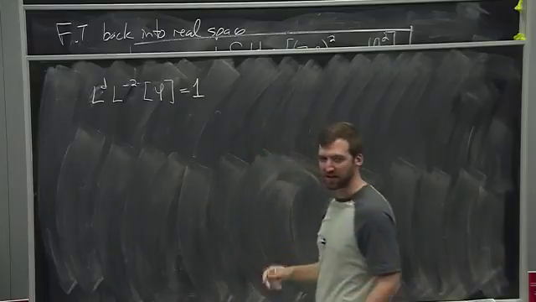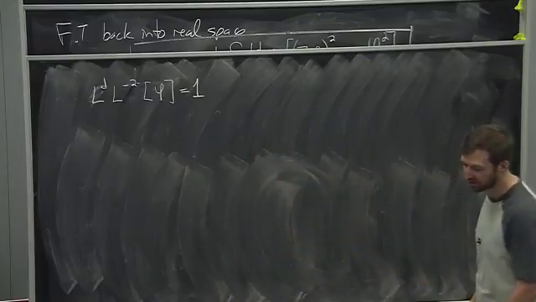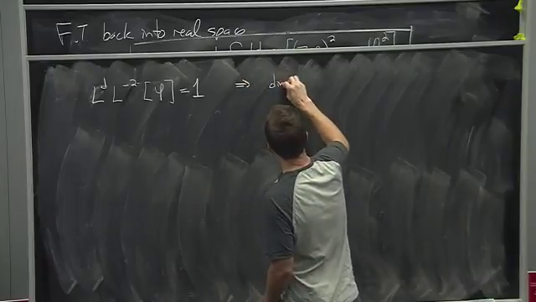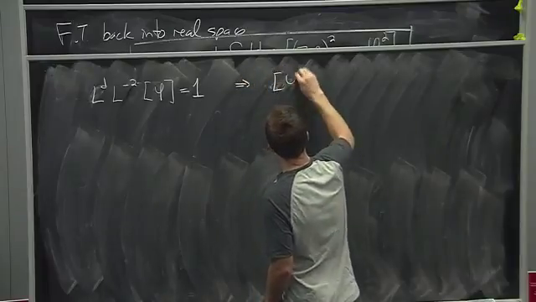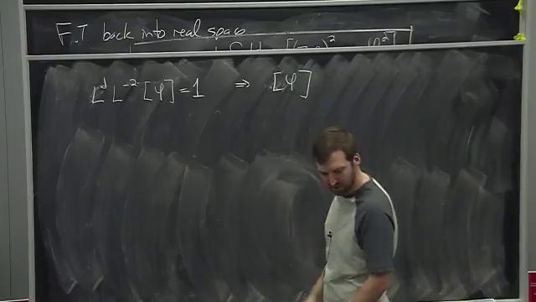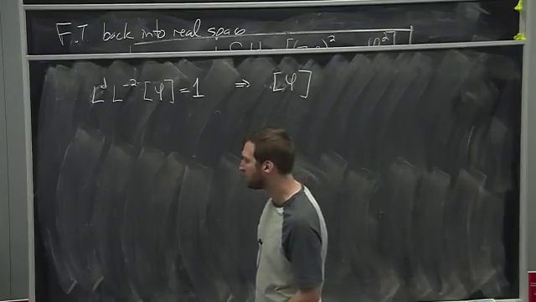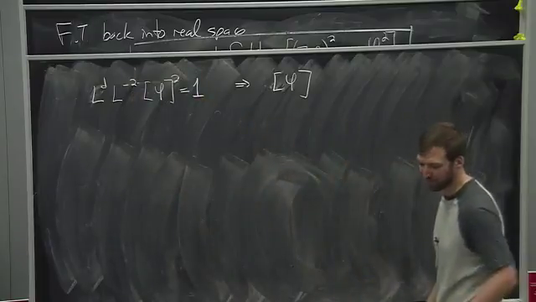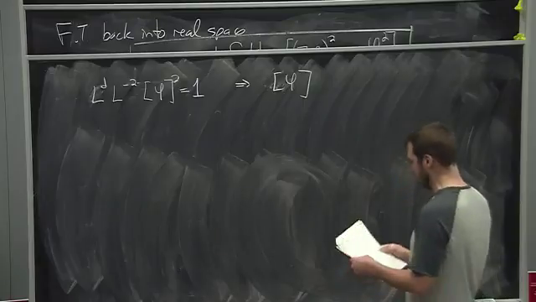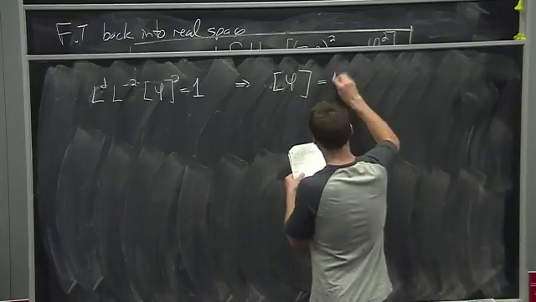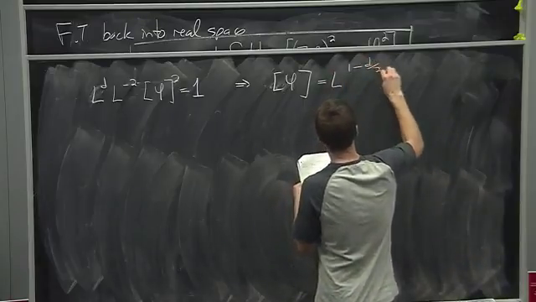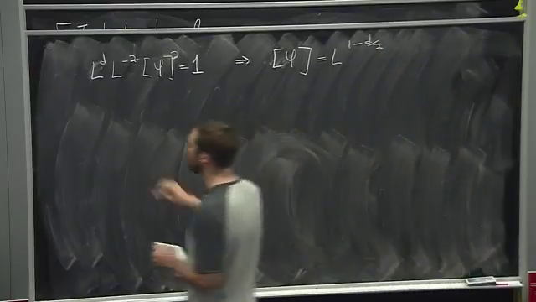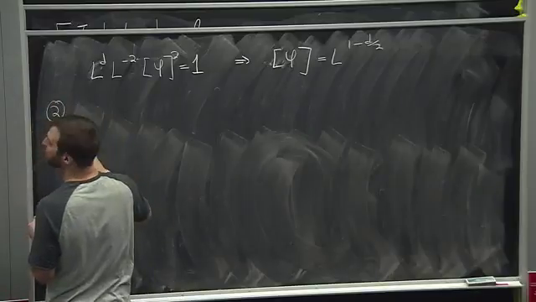The whole thing has to be unity because every single term has to be dimensionless. Wait, do I need a square on that? Yeah, it's two derivatives of that field squared, in terms of the dimension. So I should get something like 1 minus d over 2. So now I know the dimension of the field.